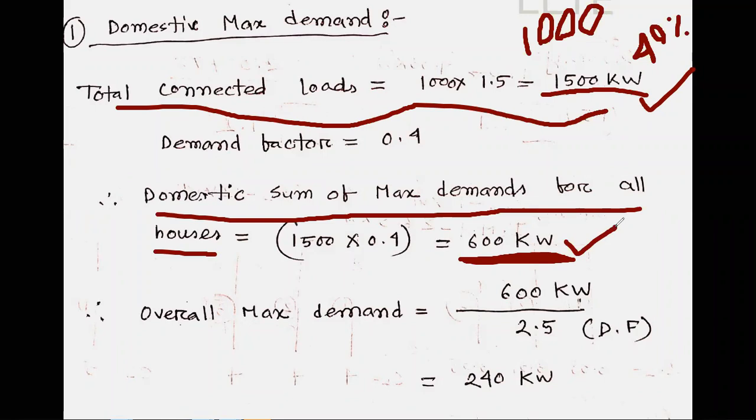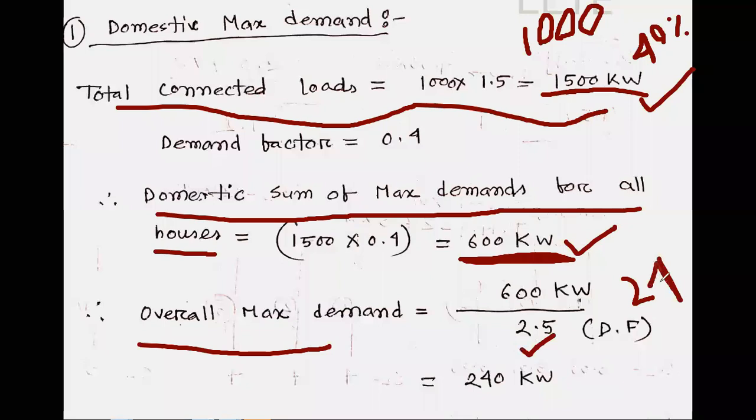But the diversity factor is also given. That means every house is not using the power at the same time. That's why the overall maximum demand will be divided by the diversity factor 2.5. That will be 240.